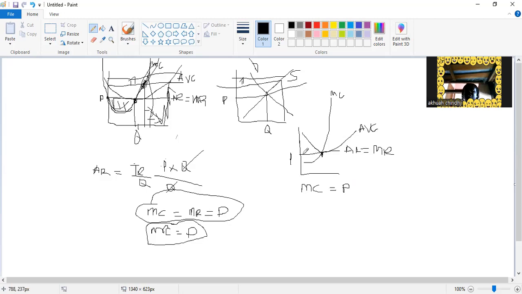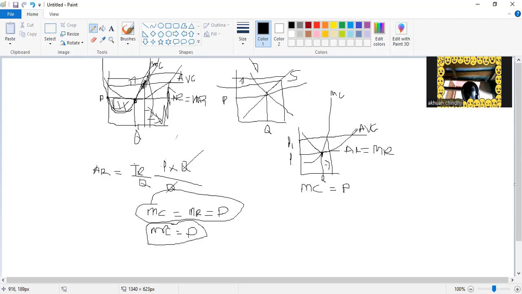Okay. So someone can add up that if the price increases to this point, okay, so this is our first quantity here. And if the price increases to this point, P1, our quantity also increases. So the quantity is not traced to the average variable cost curve.